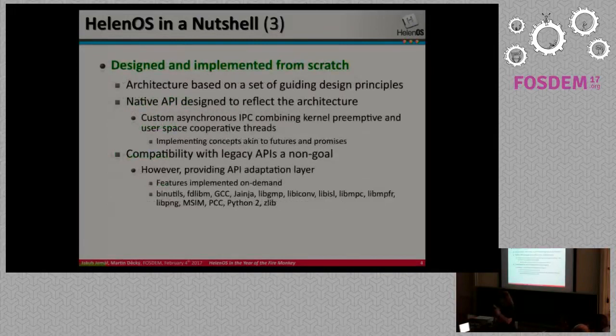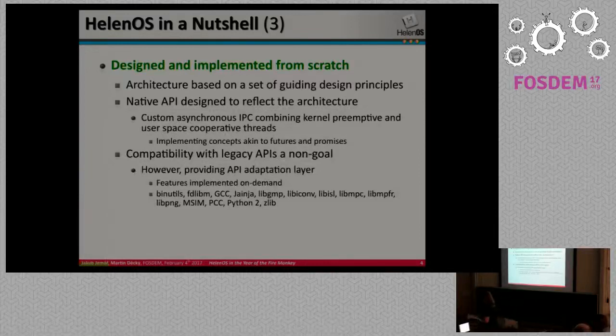And the longest adjective, designed and implemented from scratch, we really mean it. In the core components, in the kernel, in the user space, we don't use any borrowed code. We design the system in a way we see the most fit in 2017.